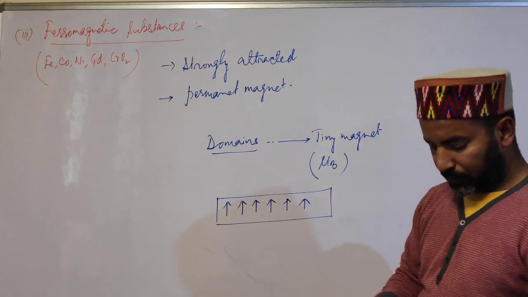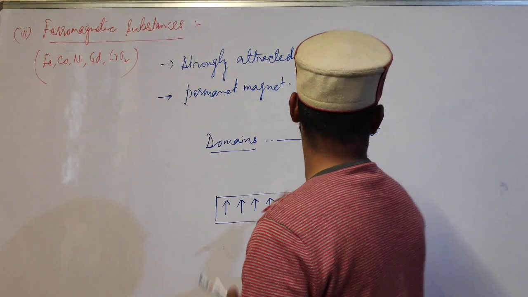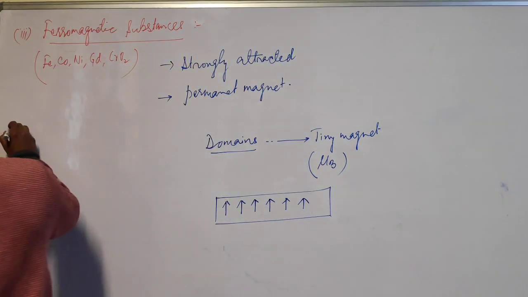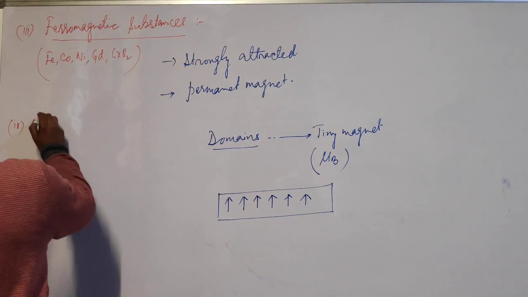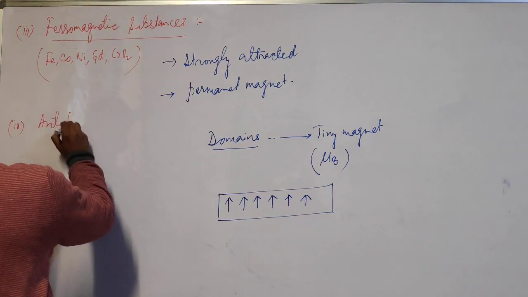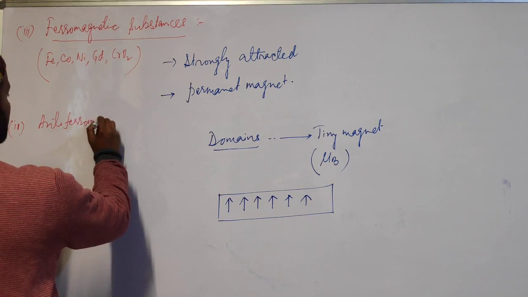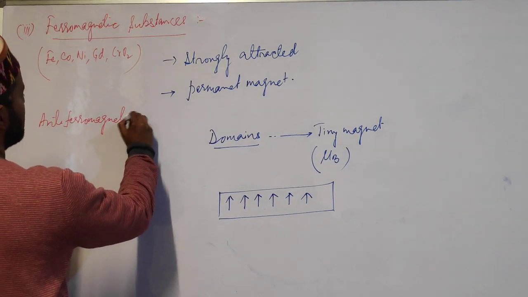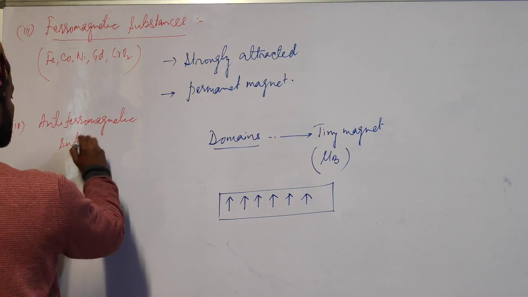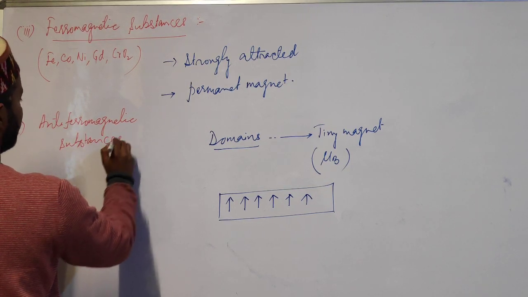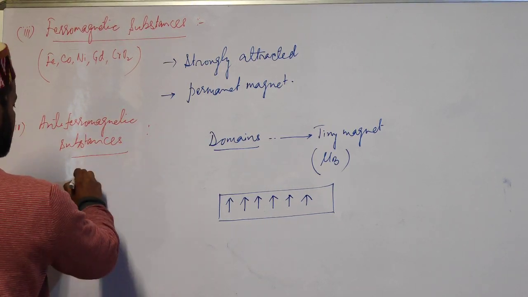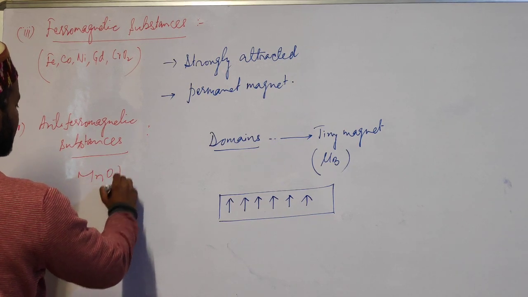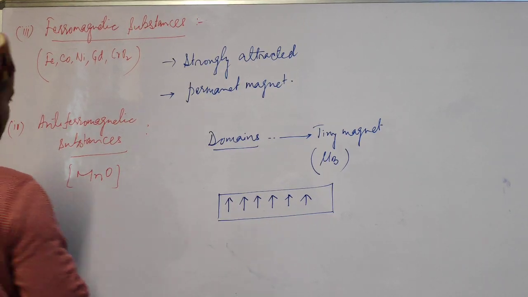Now students, we have the next type, the fourth type, called antiferromagnetic substances. The most common example of an antiferromagnetic substance is manganese monoxide.